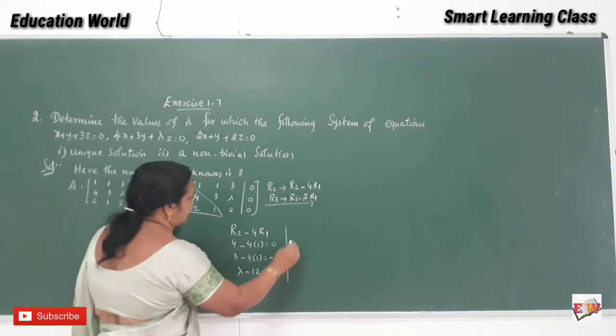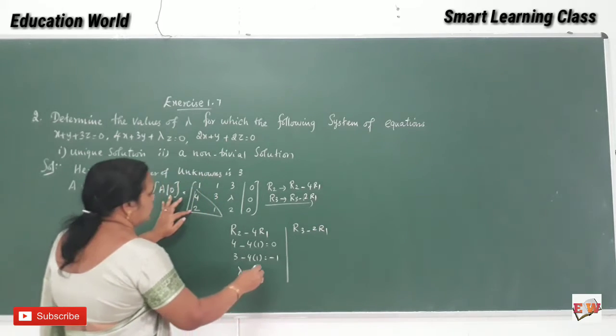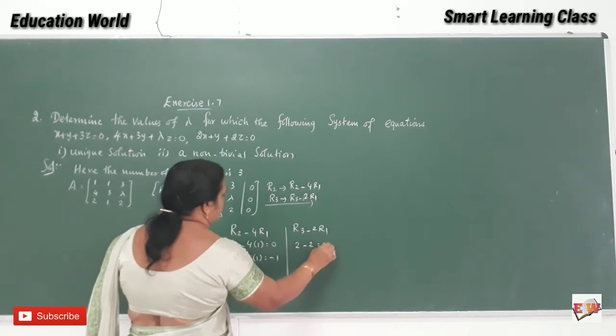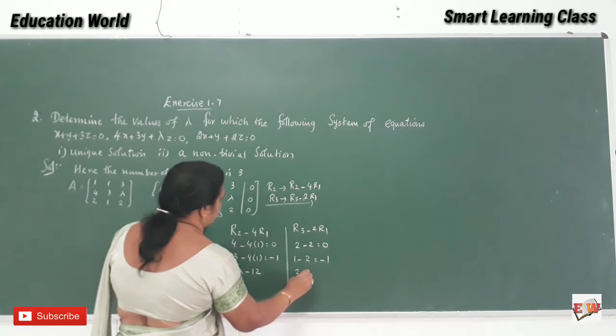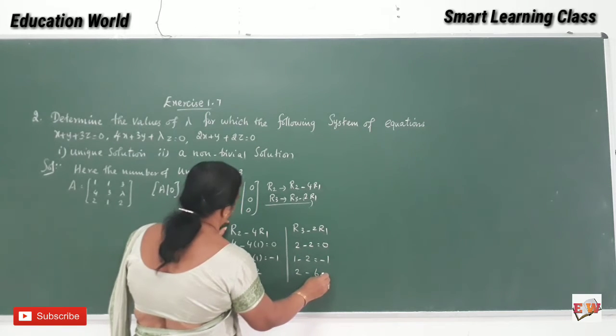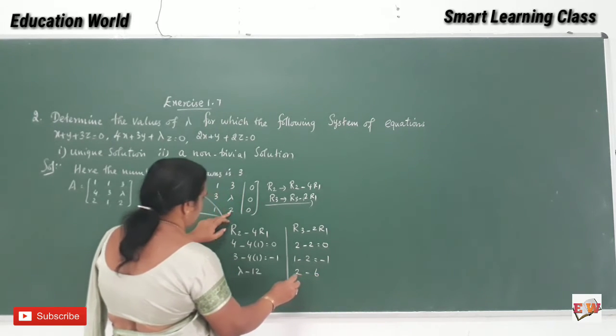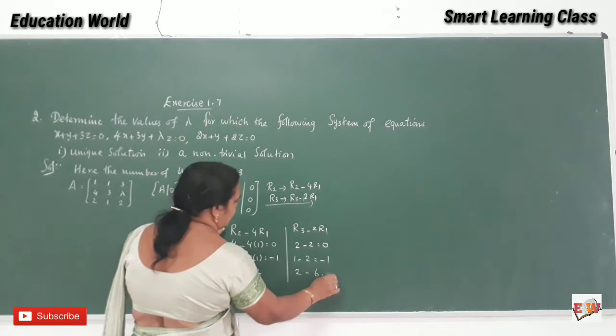Here R3 minus 2 R1: 2 minus 2 equal to 0, 1 minus 2 equal to minus 1, 2 minus 6 is equal to minus 4.